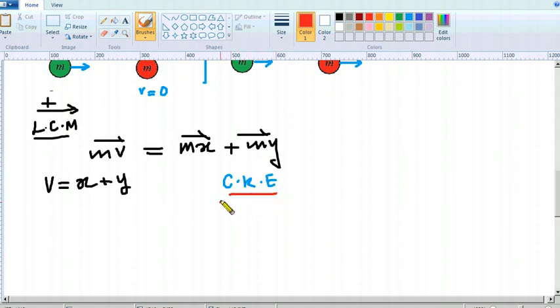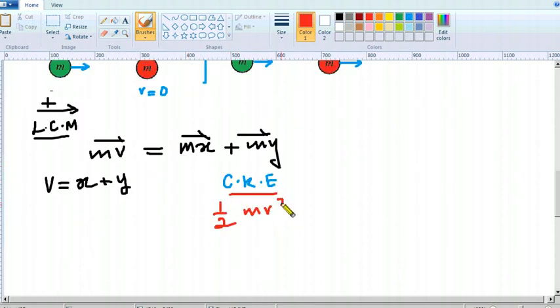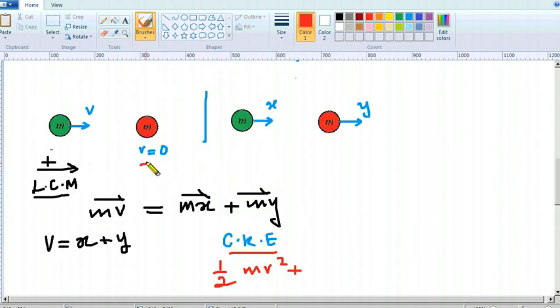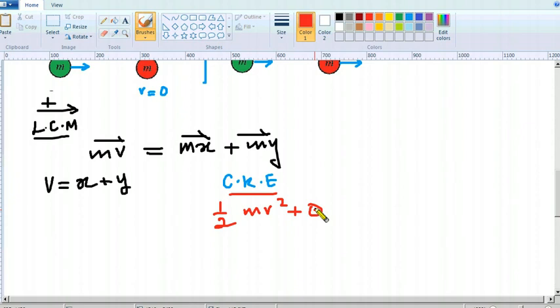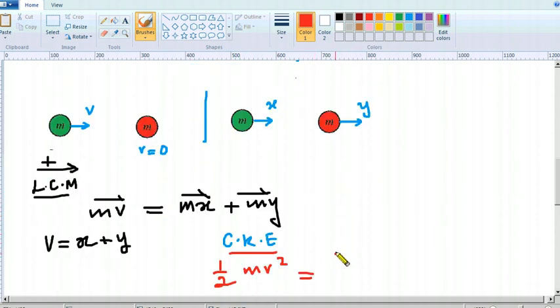So that is half m, this one, mv squared, plus this velocity is 0, therefore no kinetic energy, so 0, you don't have to write it, equals the total kinetic energy after the collision. Separately we write half m x squared plus half m y squared.